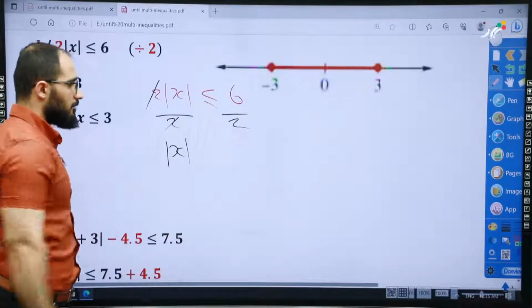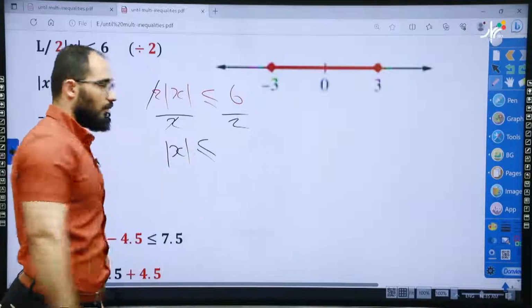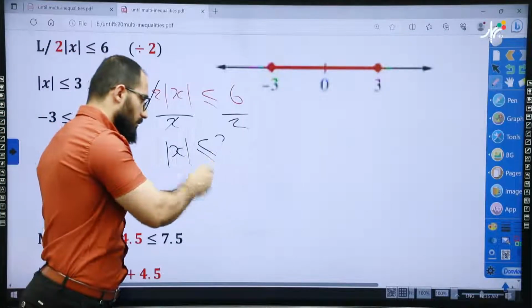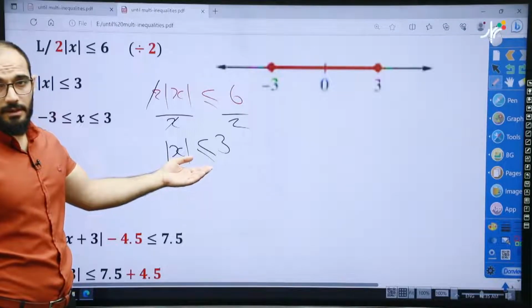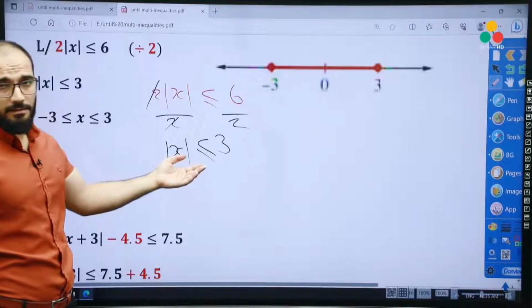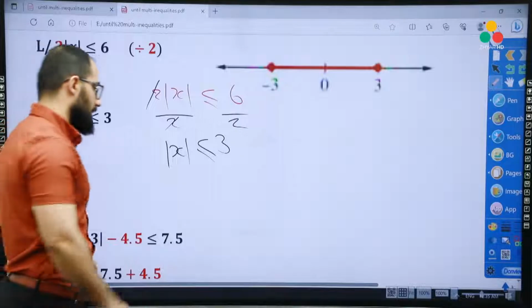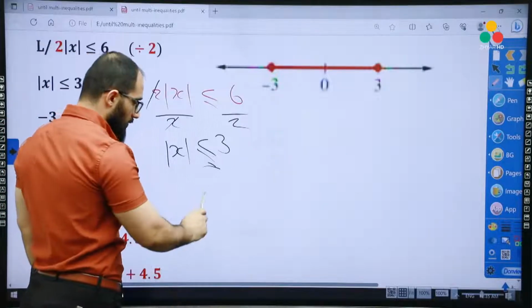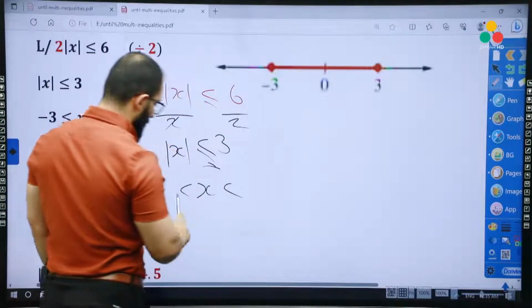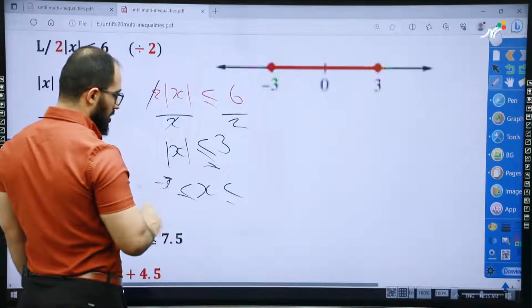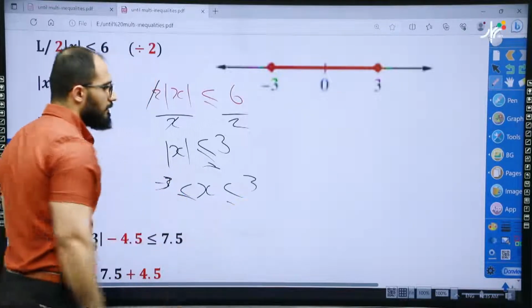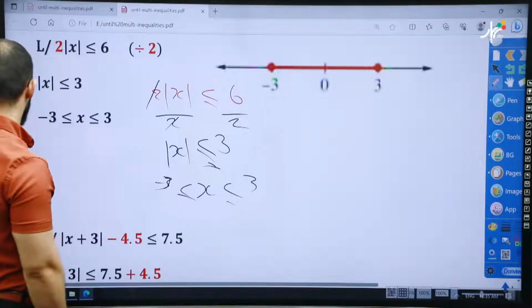The absolute value of x remains less than or equal to 3. Is it less than or greater than? It is less than. That's why it's going to be an and inequality. Negative 3 and positive 3. It's quite easy.